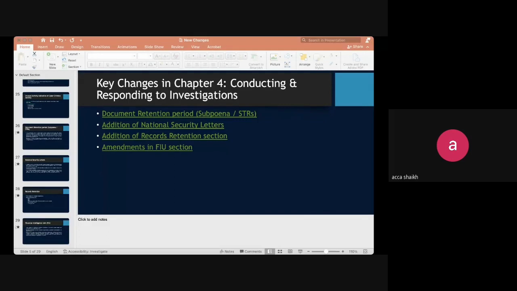See, let me exactly read it for you. Record retention. As for STR, all supporting documentation under the BSA record retention requirement, this information should be maintained for 5 years from the date the STR was filed.